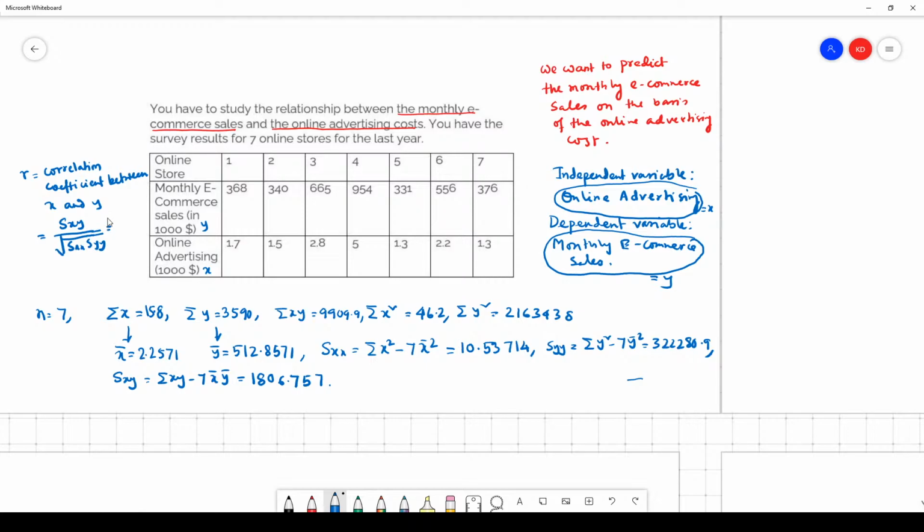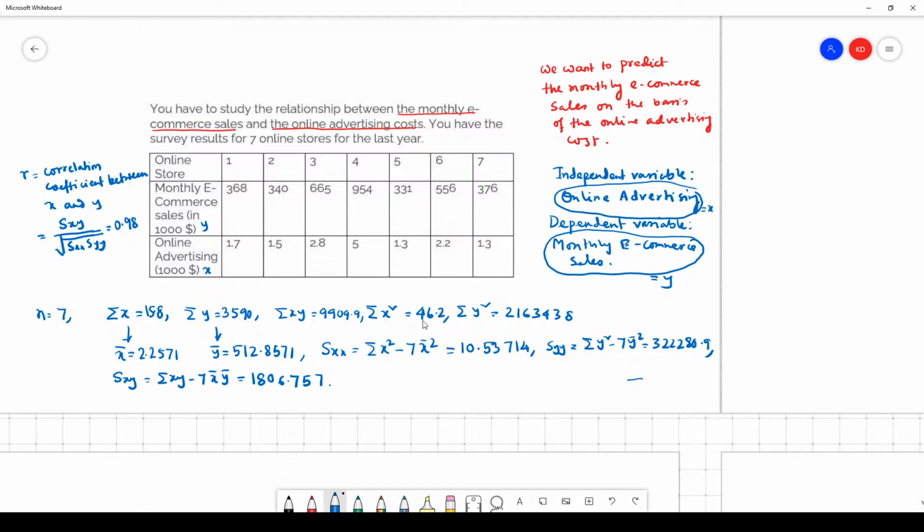So please tell me these values. According to my calculation, I got this value, 0.98.